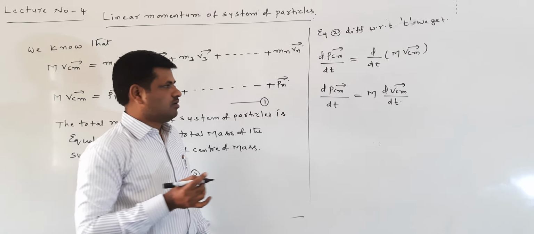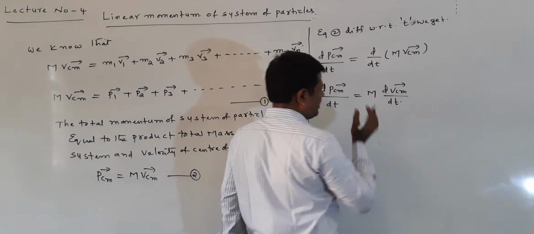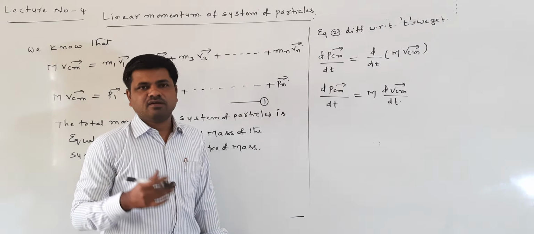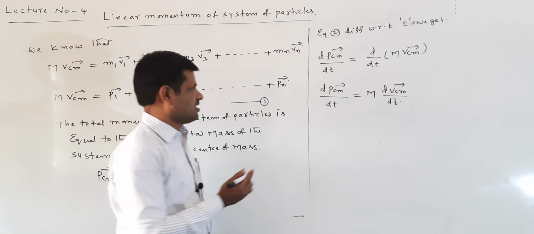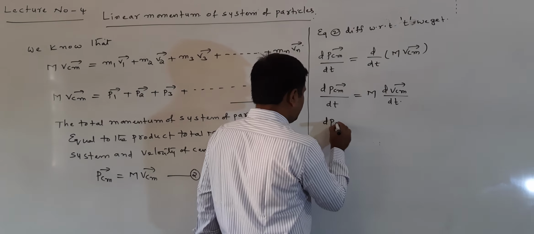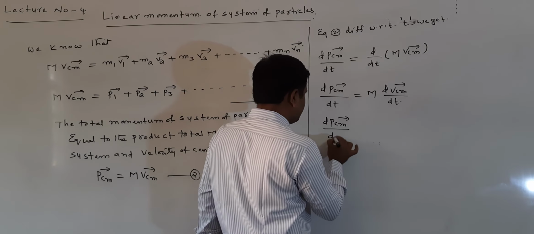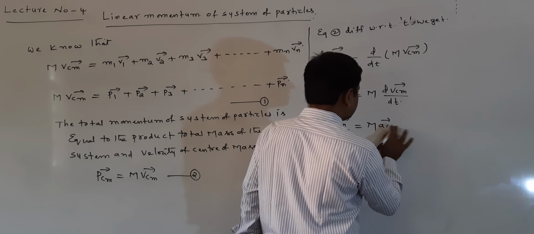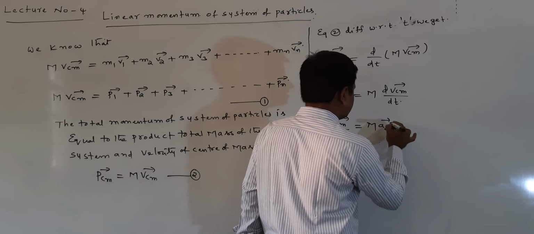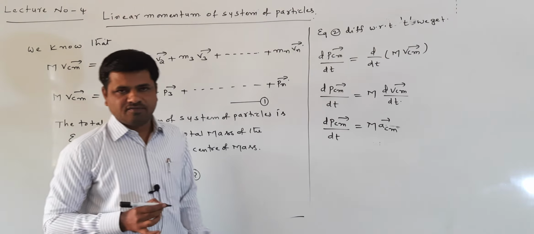Now this dVcm bar by dt is the change in the velocity of center of mass, and change in velocity is called acceleration. So dPcm bar by dt is equal to m into Acm bar, the acceleration of the center of mass.